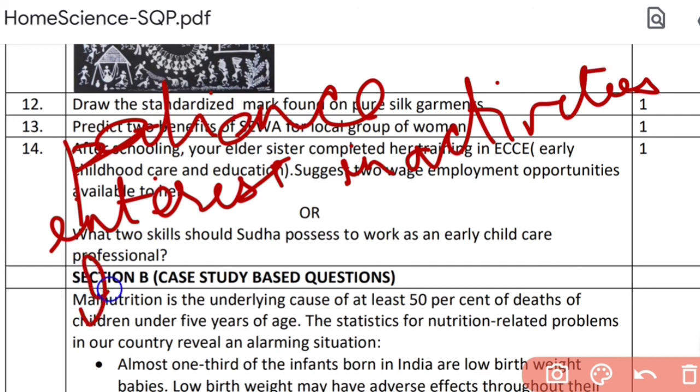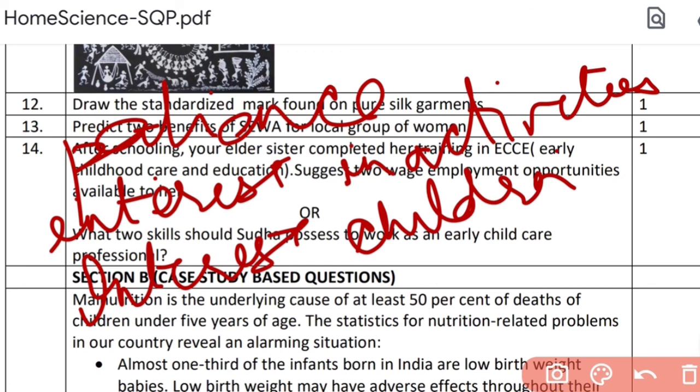And then they should also have some interest in children. You need lots of patience and perseverance to work with children. You need to have a lot of strength and capability to stand for long hours.